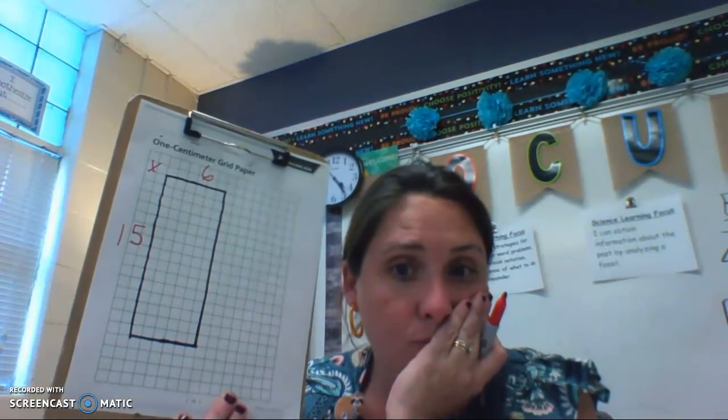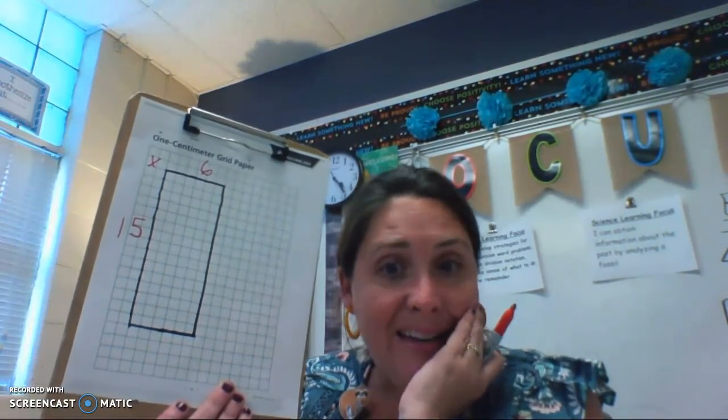How could it do that? A while ago, we said that inside of here was 90 little squares. If we wanted to divide it into 6 groups, let's see what that would look like.